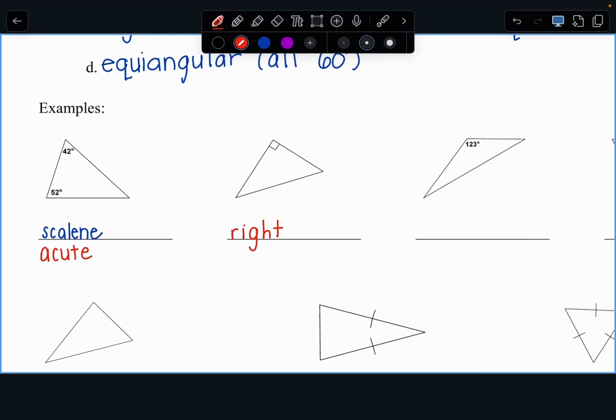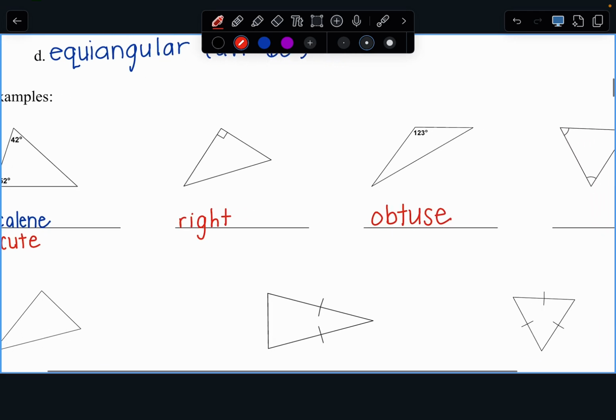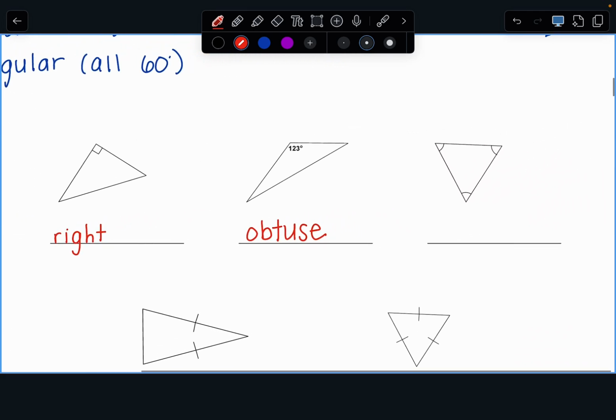What about the next one? Obtuse. What about that one? Mm-hmm. All of the angles are the same.